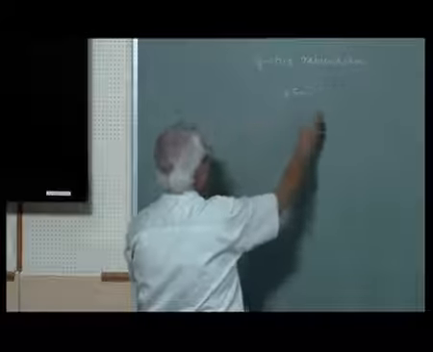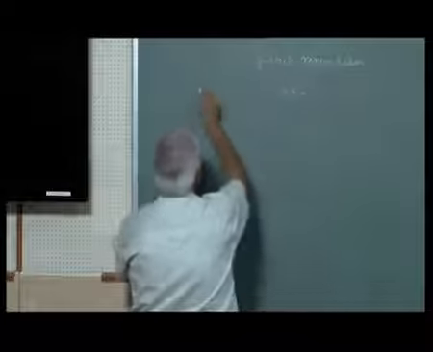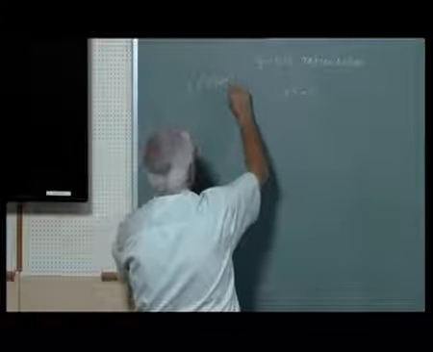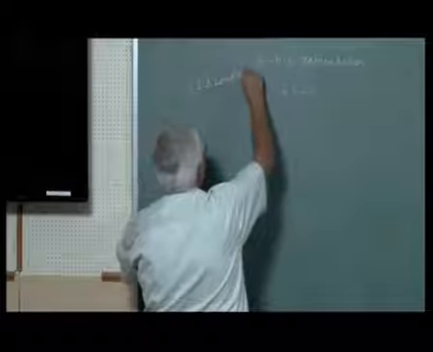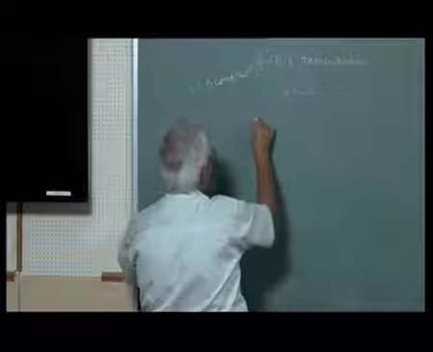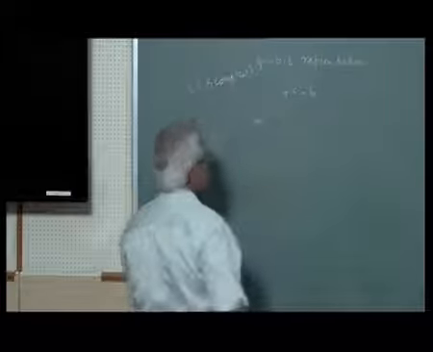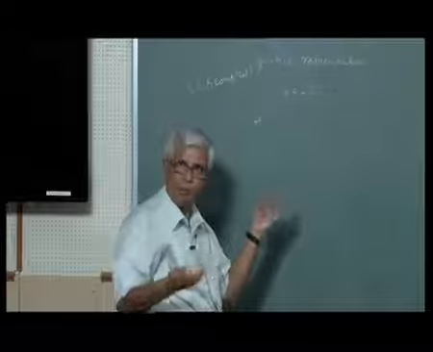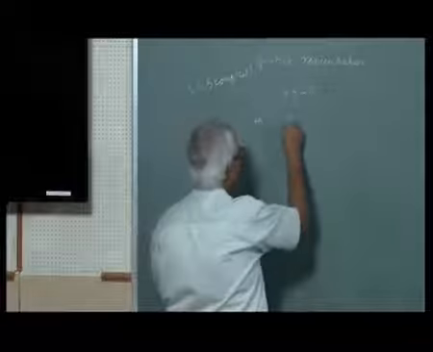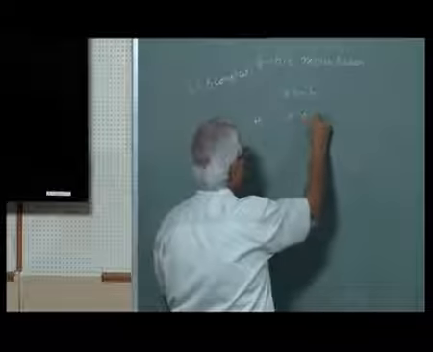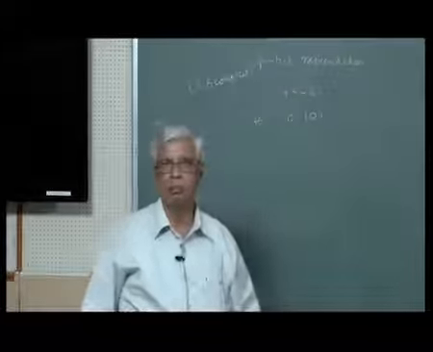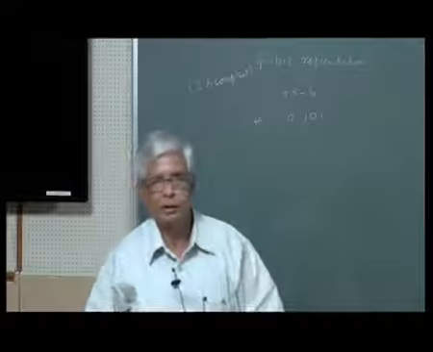All in 2's complement, 2's complement subtraction. So +5 in 2's complement, there is nothing, it is only a positive number. So it is 0 1 0 1, 5. We don't do any conversion.